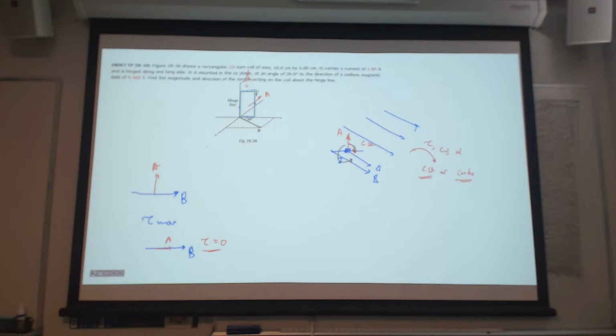And in this problem, it wants the final answer in terms of direction, into or out, but it has to be described relative to one of these axes, X, Y, and Z. So you have to go back and draw an arrow that would represent this into direction.